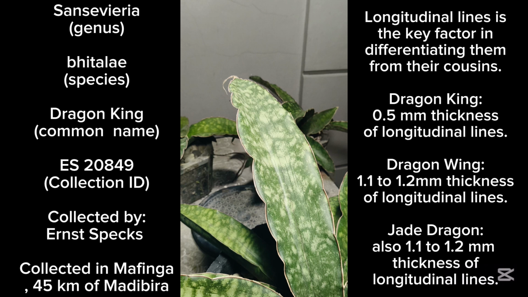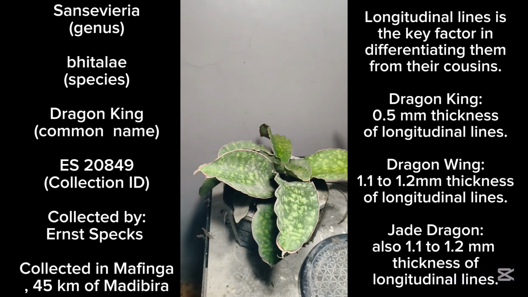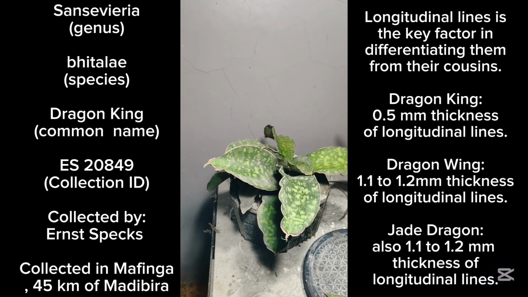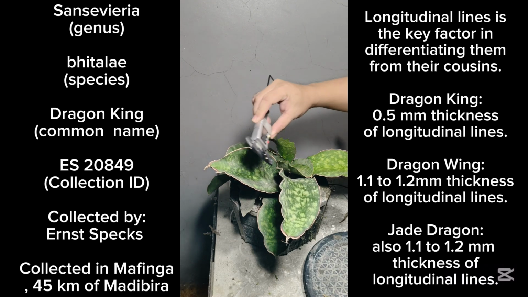That is like the thickness of a ballpoint pen having a head of 0.5 millimeters. In comparison to Dragon Wing, which is actually thicker, I'll have to focus on it, and I don't know if you can see it, but I'll try to measure Dragon Wing.